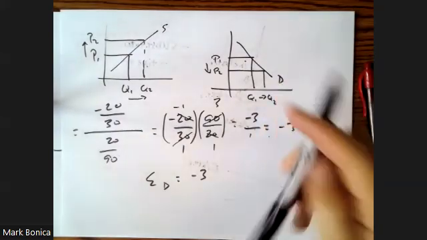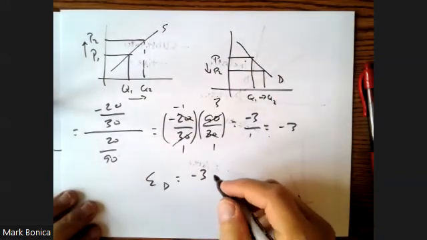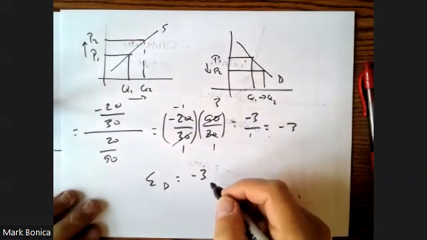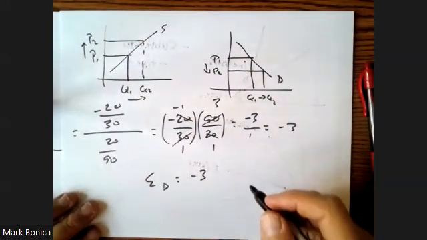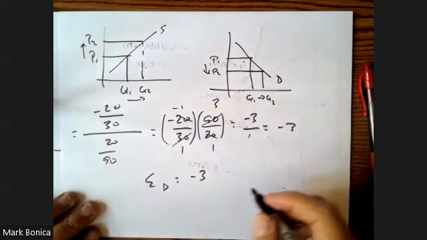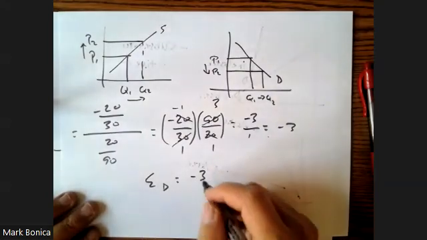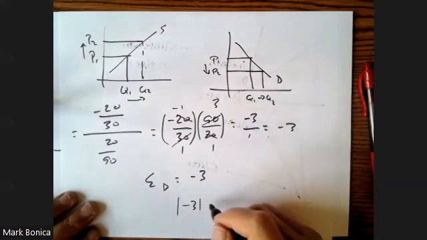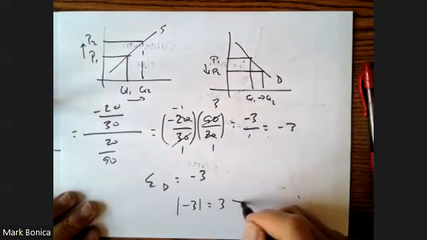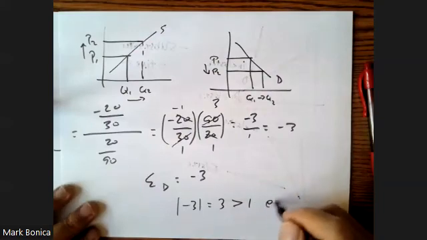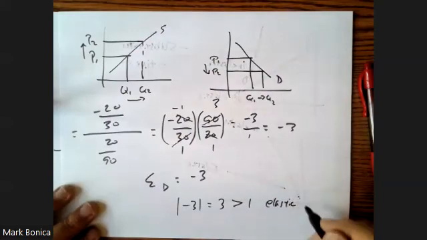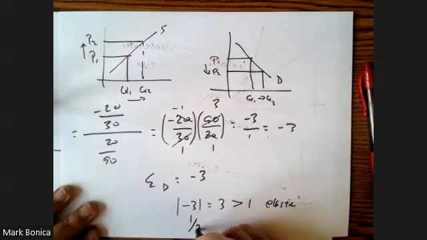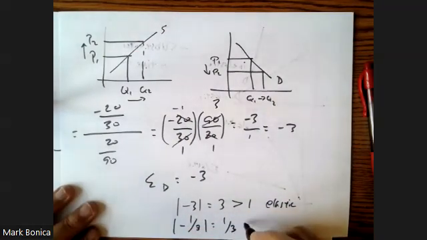So if I ask you, is minus 3 relatively elastic, relatively inelastic, or unitary elastic? What you want to do is take the absolute value. So the absolute value of minus 3 is 3, 3 is greater than 1, so that is elastic. If you had, say, 1/3, that's less than 1, so that's inelastic.